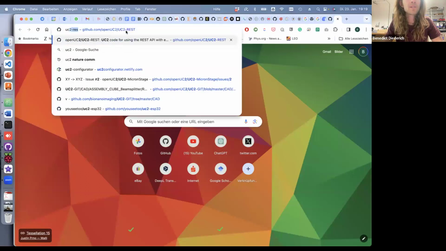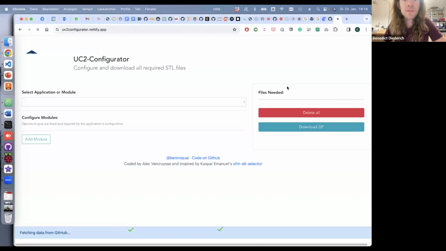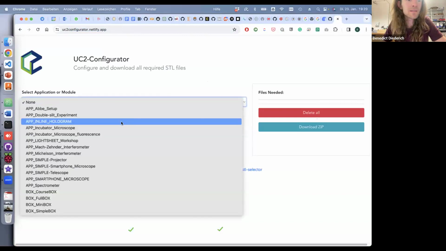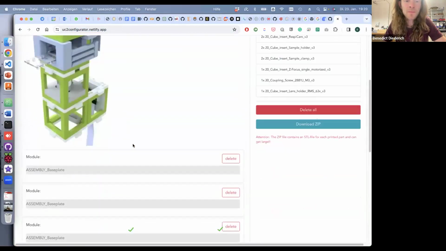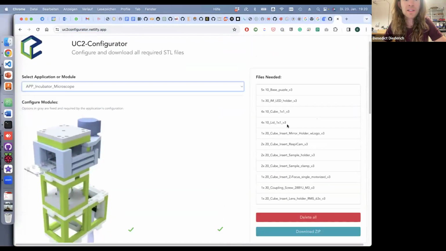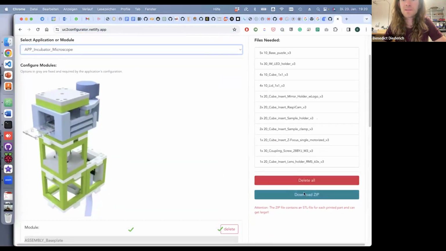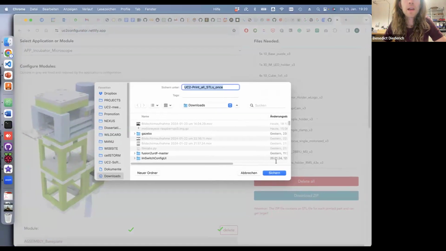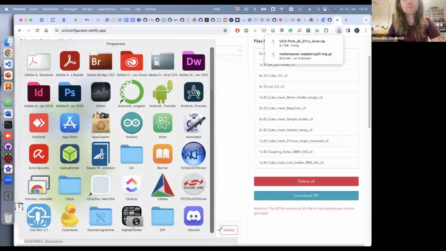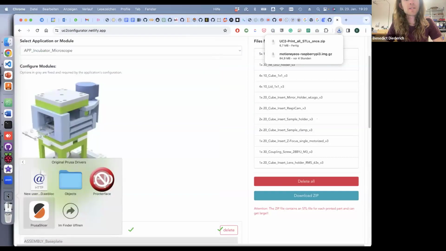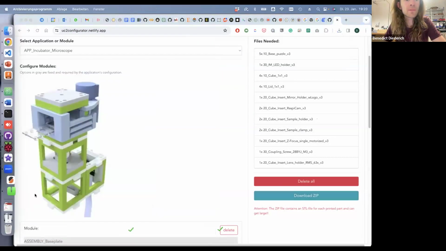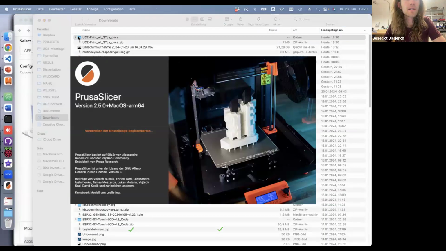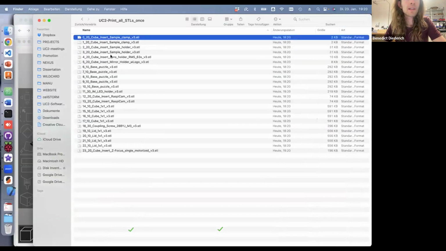You go to the UC2 configurator, select for example the incubator microscope, and it gives you all the different parts that you are downloading. This zip file then has a certain number of these puzzle plates, and then you can open your printing tool and just drag and drop all the different parts, and then prepare them for printing.